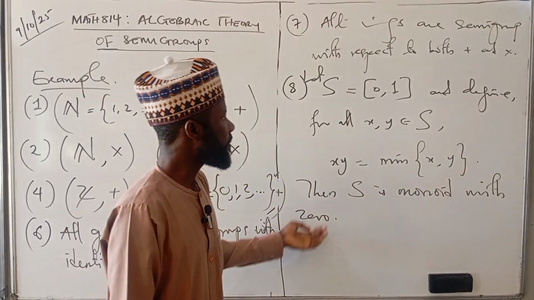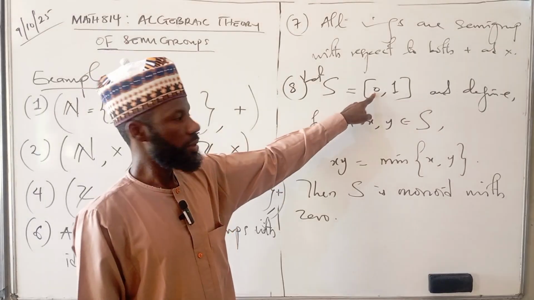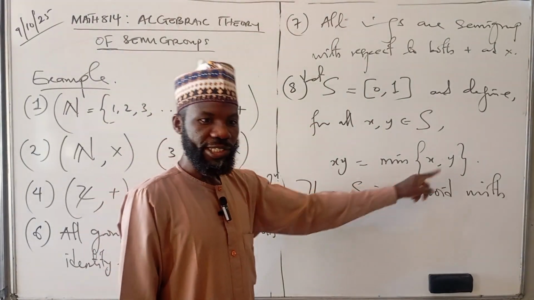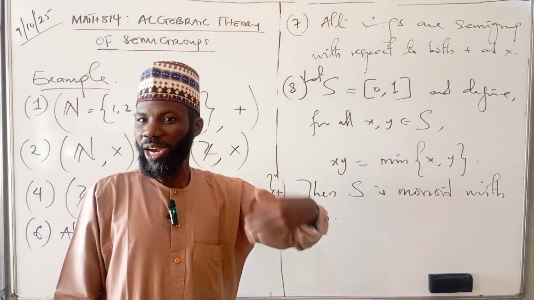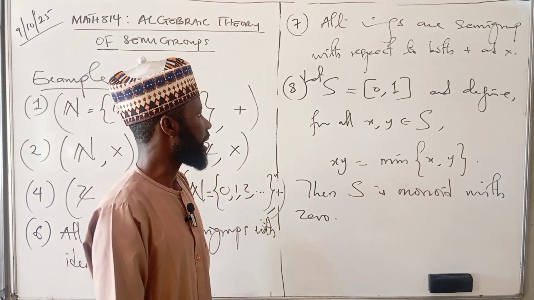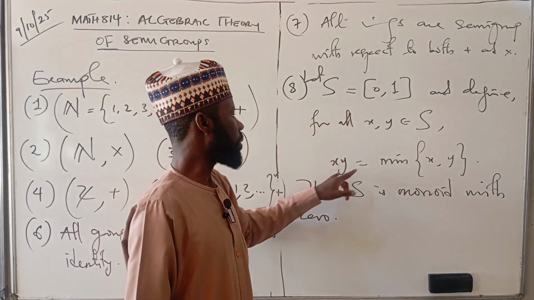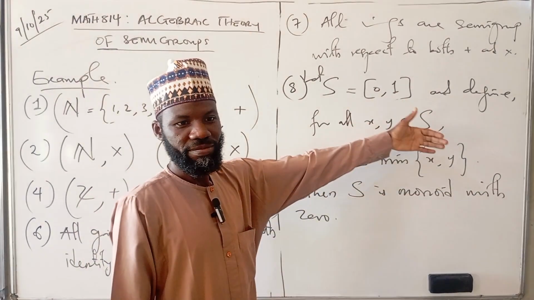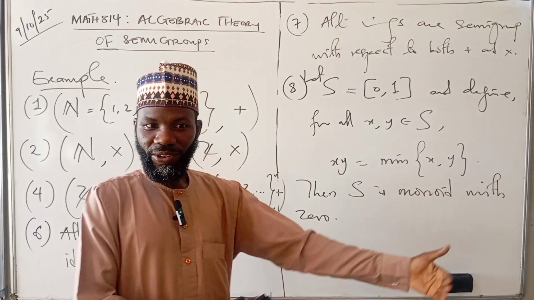What will be the 0 element? Yeah, it is the 0. Because if I take minimum with 0, always 0 is the minimum. So the output of the product is always the element 0. And if you take minimum with 1, 1 is always greater than all the elements.